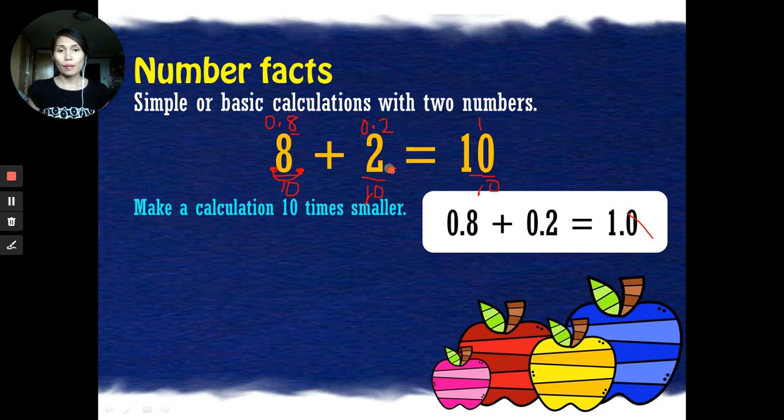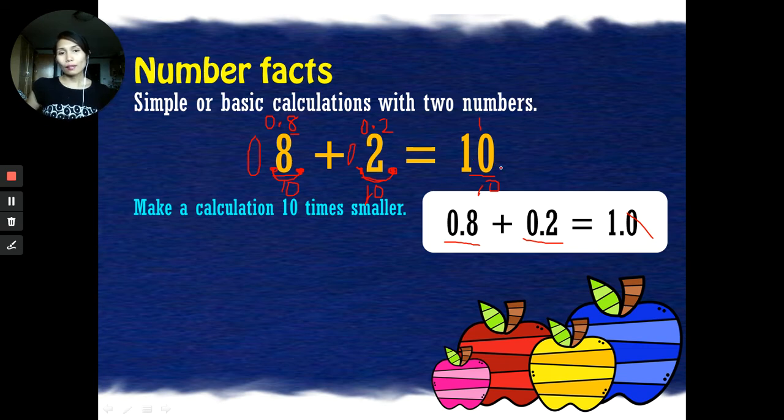Imagine the decimal point is on the right side of the whole number. Then since it's 10 times smaller, you move one place to the left. So that's 0.2. As I've said, you have to put 0 before the decimal. That's why we have here 0.8 and 0.2.